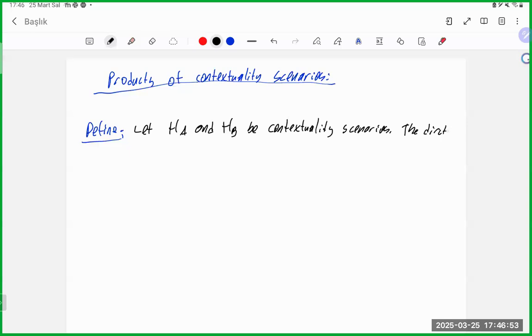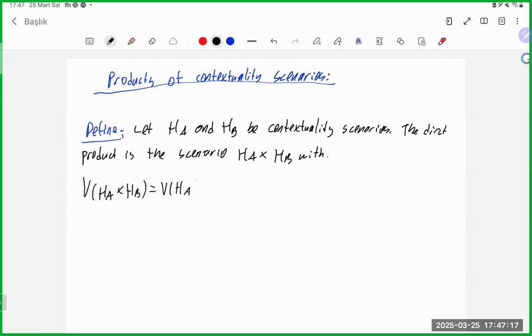The direct product is the scenario HA cross HB, where the vertices are the Cartesian product of those two scenarios' vertices, and the edges are the Cartesian product of the edges.